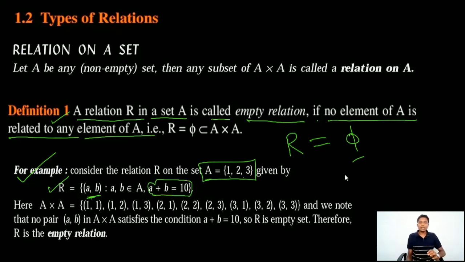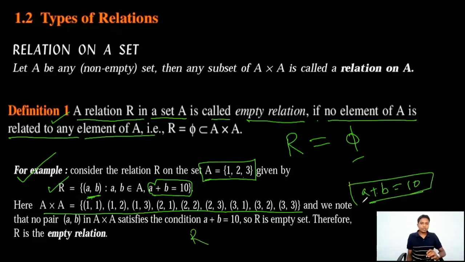Now we can see this is the whole set A cross A, and there is no ordered pair which satisfies a plus b equal to 10. So the set R obviously will be a phi set. So this relation R is called an empty relation on set A. Okay, understood?